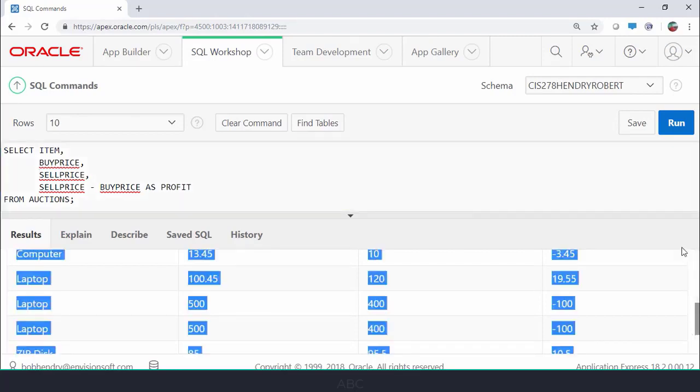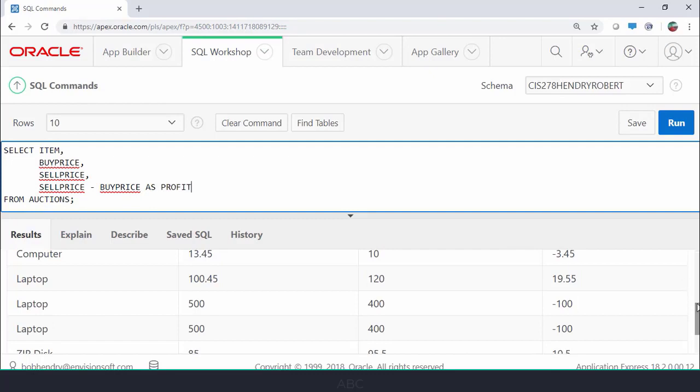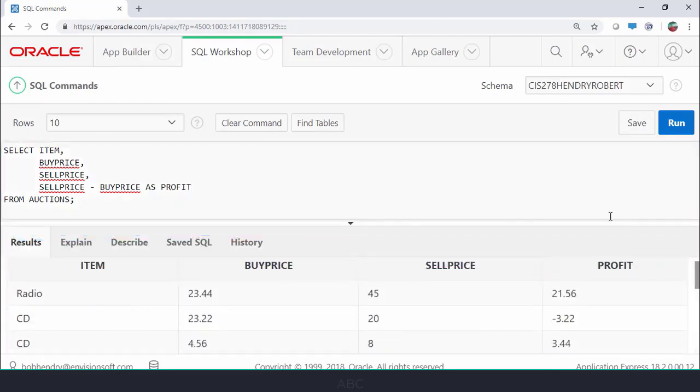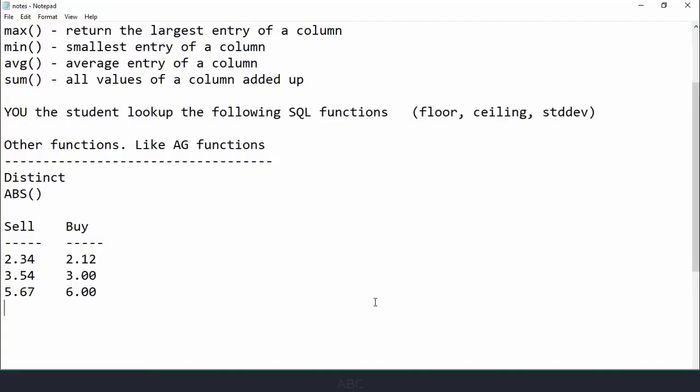But let me show you the absolute function. Let's just say I asked you to give me a variation of this. And I say, I'm not interested in necessarily the profit. I'm interested in the difference between them. Like I'm interested in the volatility, or the difference between the sell price and the buy price.